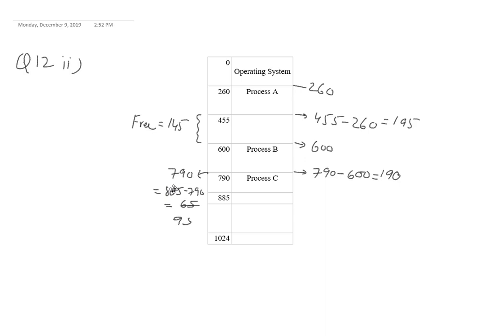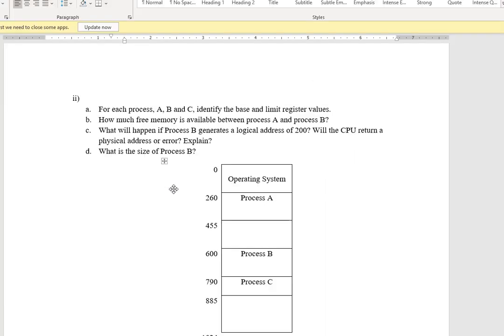In fact, I told you before this should be 884. 884 minus 790 is one less, 94. So this is the size, and the base and limit of each register.